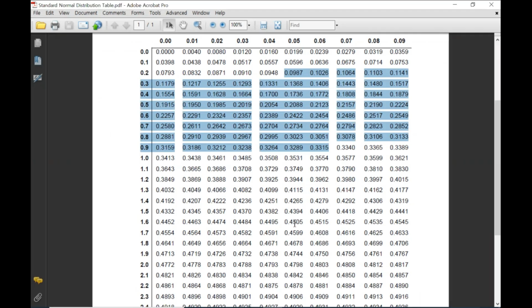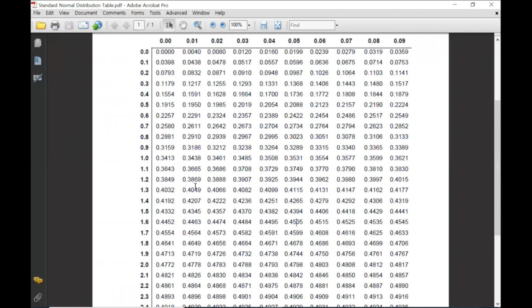Okay, so which one is that? 0.40 is around here, between 0.3997 and 0.4015. I think 0.3997 is closer than 0.4015. So the corresponding z value is 1.28.